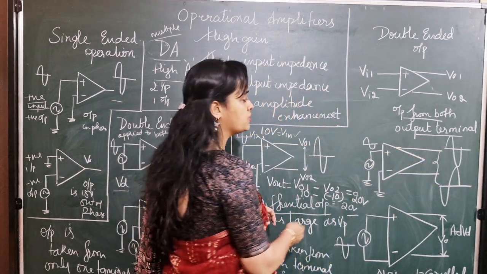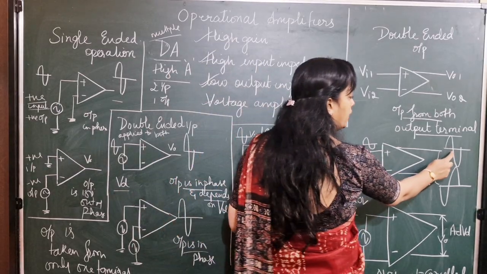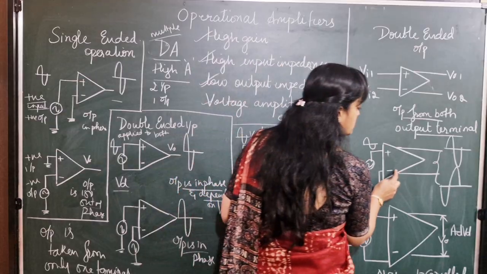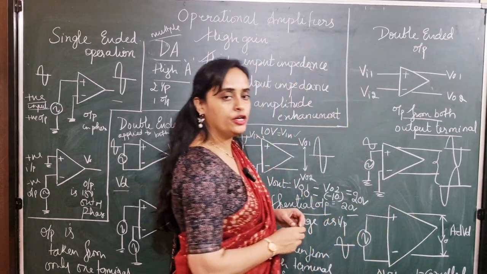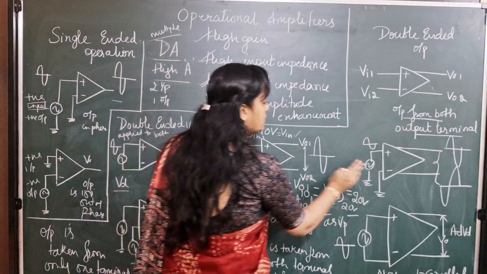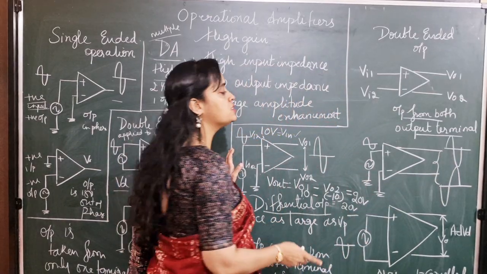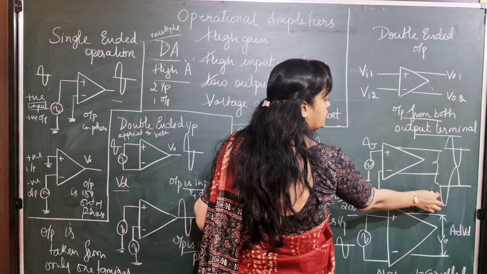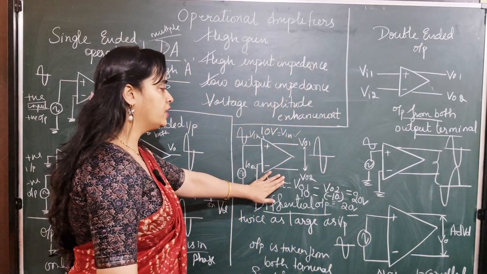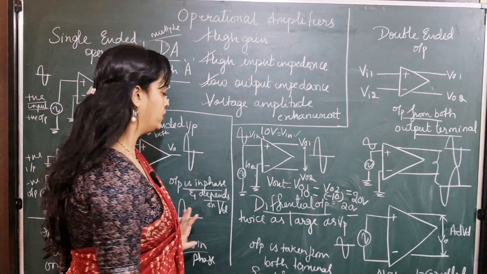The output at the non-inverting terminal is amplified but the polarity remains the same. Whereas across the other terminal, the output magnitude remains the same but the polarity is inverted. So the difference is that across the two terminals, the polarity just changes, but the magnitude remains the same. But here the differential output will be twice the magnitude of the input voltage.